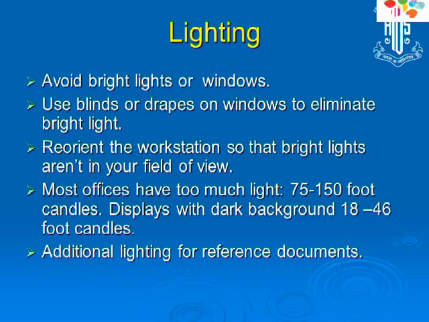Suppose there is a window on the side and the light is coming in directly, reflecting onto the computer screen, then you will have all sorts of problems. Then you have to put curtains or drapes, whatever is possible in that situation, and reorient the workstation if necessary.